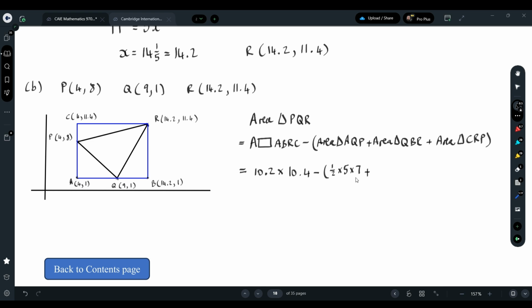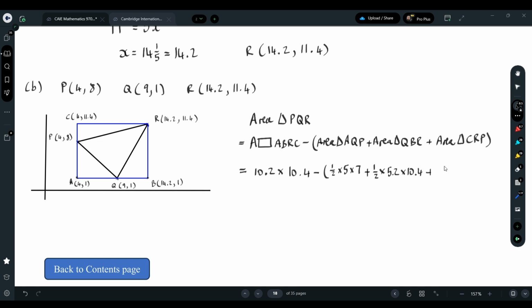And that there is the area of triangle AQP. We'd find the area of triangle QBR in a similar fashion. 14.2 minus 9 would give us 5.2, and we'd have a height of 10.4.